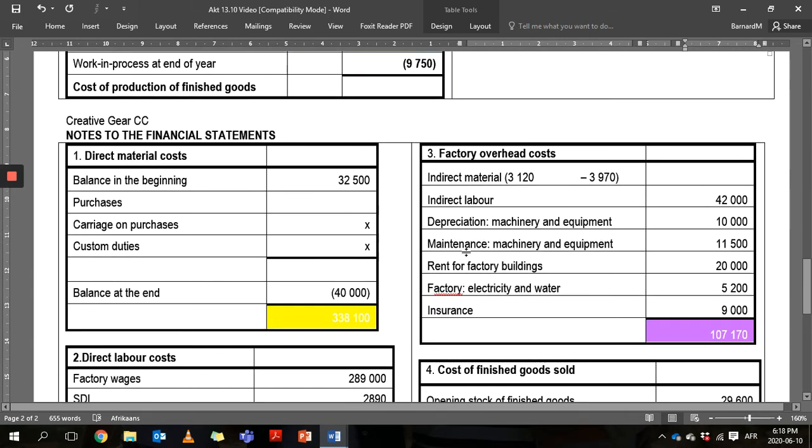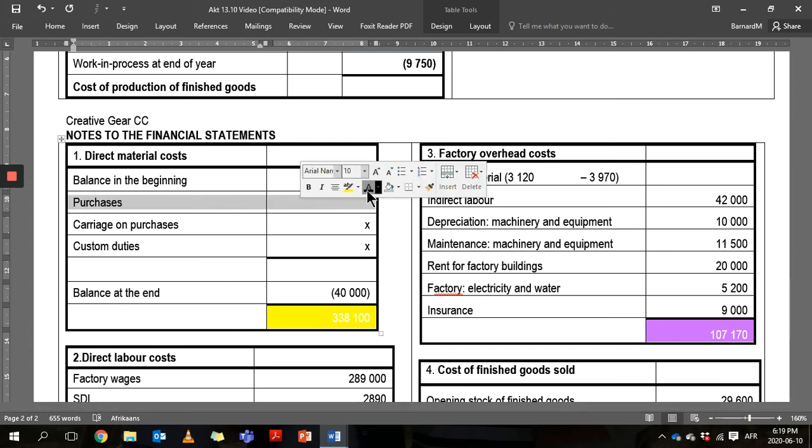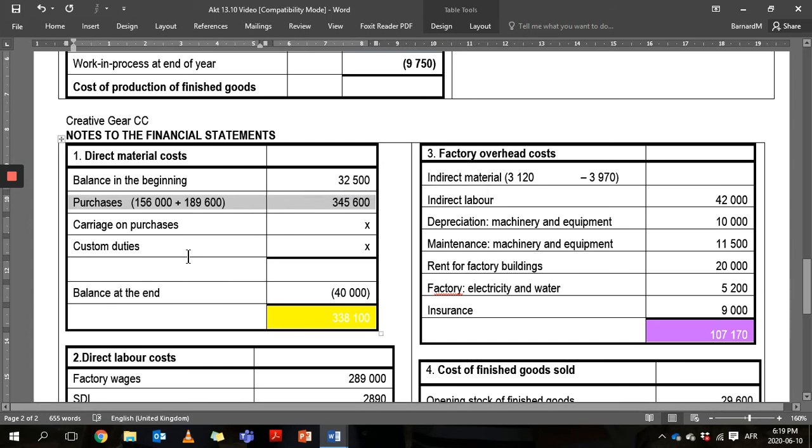Then if I just can see what's going on here, then we go to the bullets at the end of the activity. So the first bullet says raw material bought on credit during the year and in cash amounts. So those two is the purchases that will go into your direct material cost.